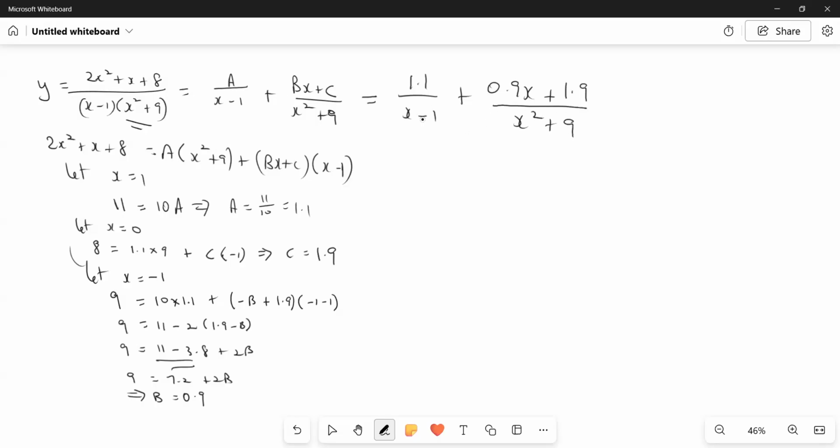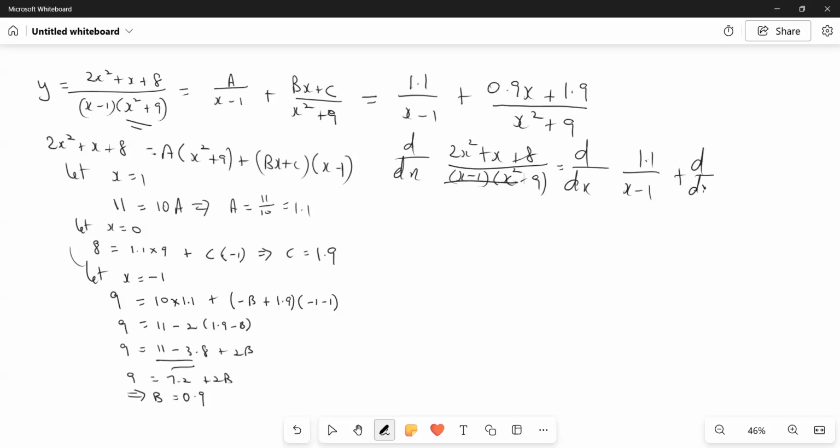So the derivative of this, right? The derivative of this whole thing here, this long thing here, right? 2x squared plus x plus 8 over this horrible looking expression is equal to the derivative of 1.1 over x minus 1 plus the derivative of 0.9x plus 1.9 over x squared plus 9, right?